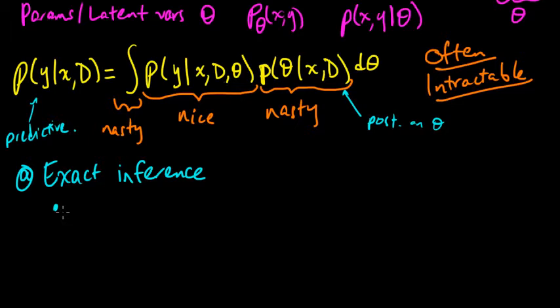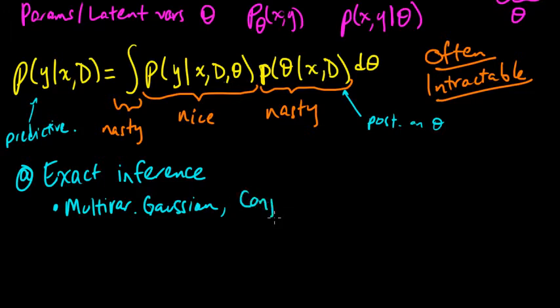Here are some methods which facilitate exact inference, if not for the whole problem, at least for parts of it. Multivariate Gaussians are very nice distributions. Oftentimes with multivariate Gaussians, you can do everything analytically and it just works out beautifully.